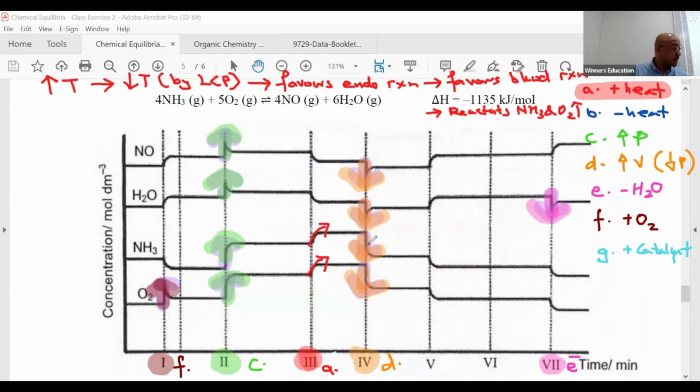Make sense? And this is how we explain, if they ask you to explain. Best they ask you to explain, because that's where the marks are. And anyway, we spend all the time doing it by explaining it, okay. All right, let me explain it. Done. And the product side, which is your NO and H2O, their concentration will decrease. And again, you can see very clearly here.